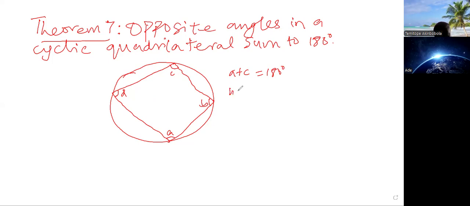Similarly, B and D are opposite each other. So B plus D equals 180. Is that clear? Yes, sir. So opposite angles in a cyclic quadrilateral sum to 180 degrees. So please write that quickly, draw, and let me know when you're through.